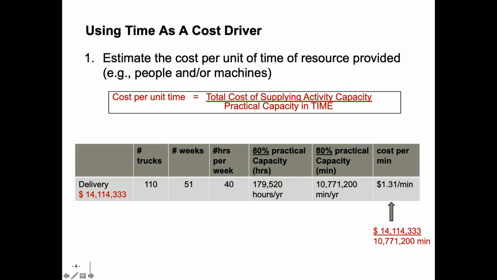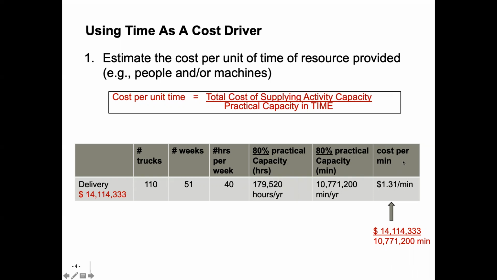And we can convert that into minutes, as we'll see that in time-driven activity-based costing, we want to go as low a unit of time as possible. So 80% practical capacity when converted into minutes is these many hours multiplied by 60, and that gives you 10,771,200 minutes per year.